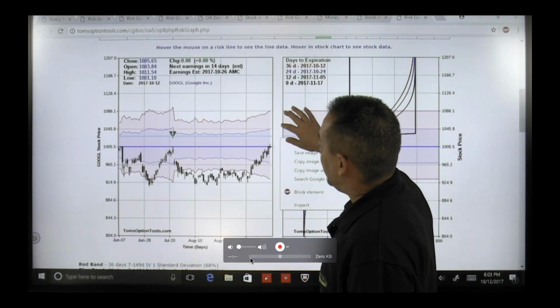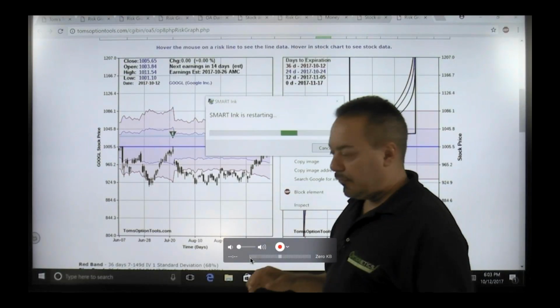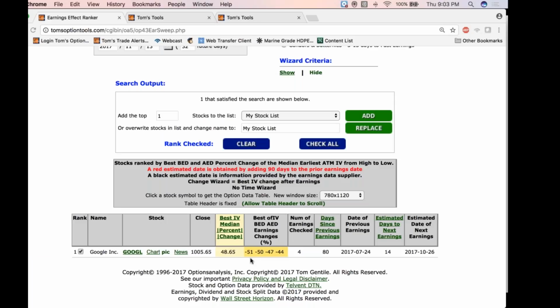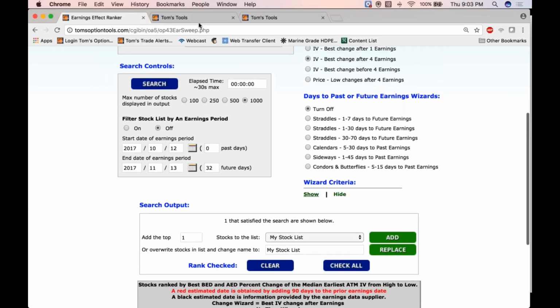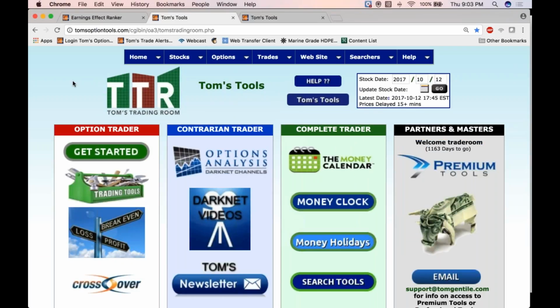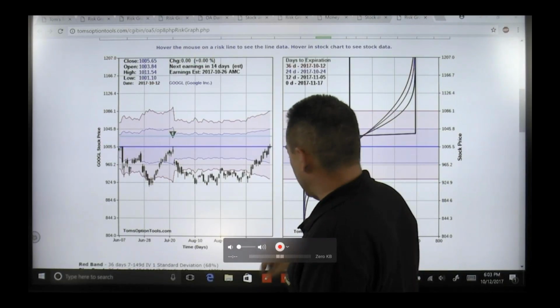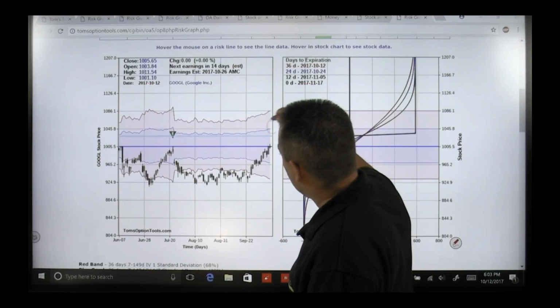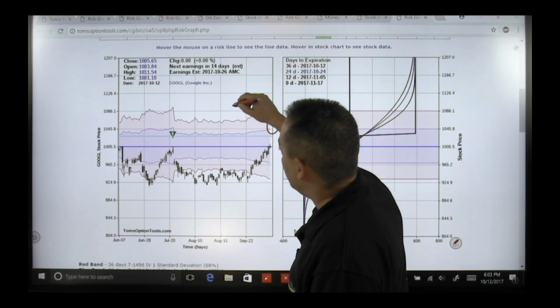We need to be above 1035. If we're above 1035 on that trade, like right up in this area, this is good.